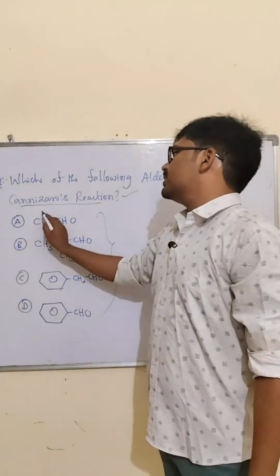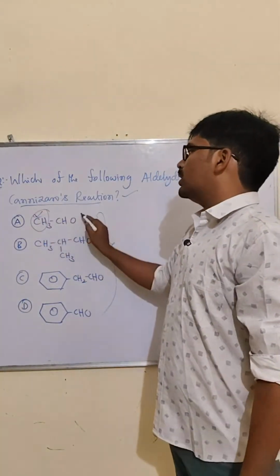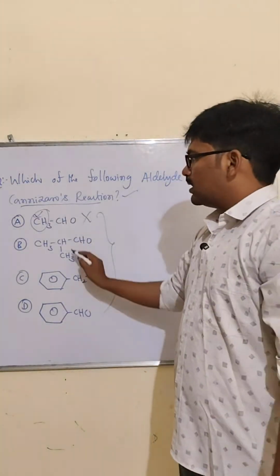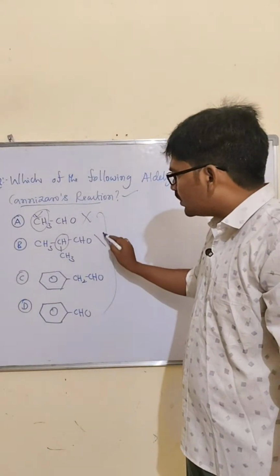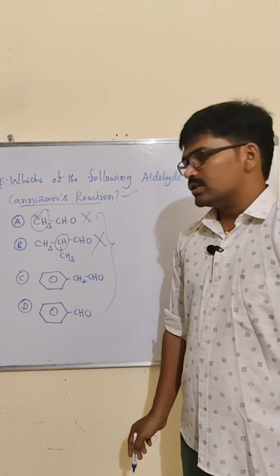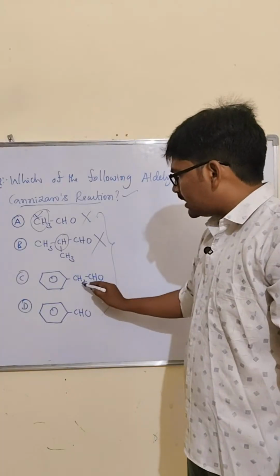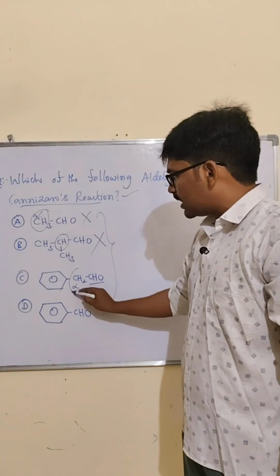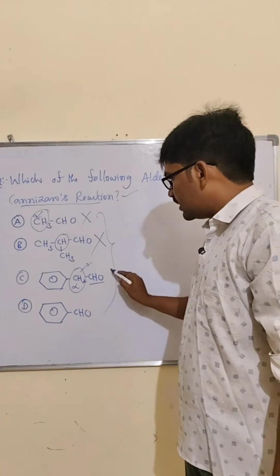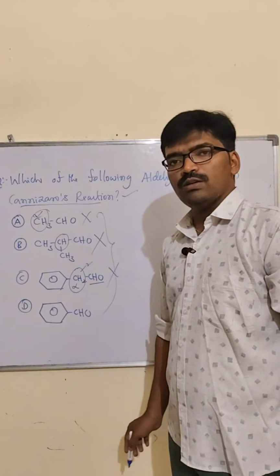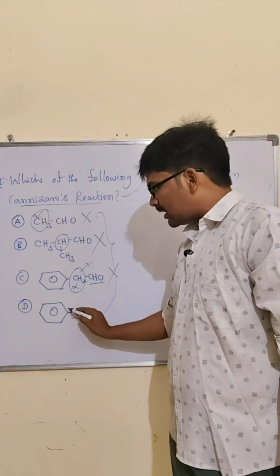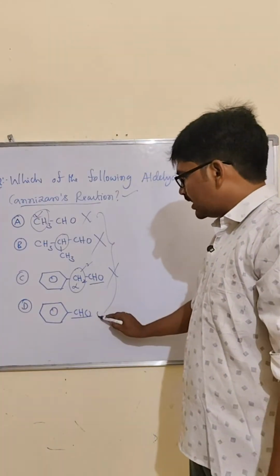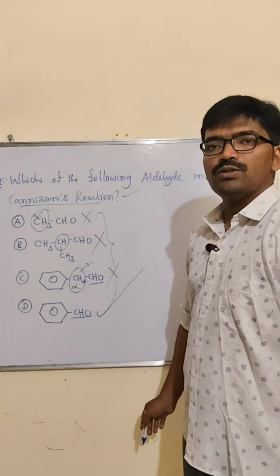Here there are 3 alpha hydrogen atoms, so it won't be involved. Here 1 alpha hydrogen atom, so it is not involved. Here the alpha carbon has 2 hydrogen atoms, so even this is not involved. Here the aldehyde is attached to a carbon without alpha hydrogens, so that is involved in the Cannizzaro reaction, my dear students.